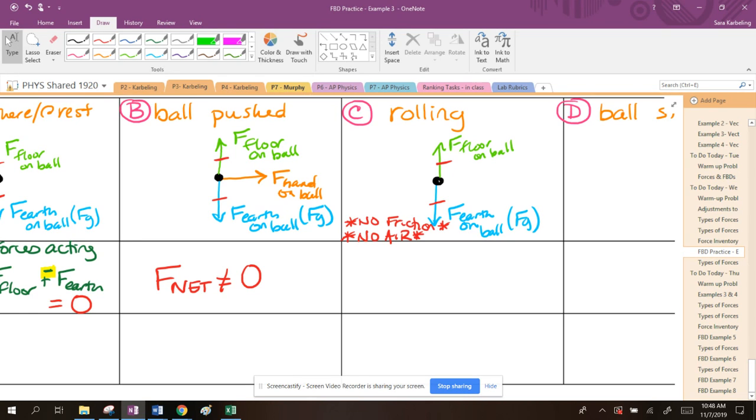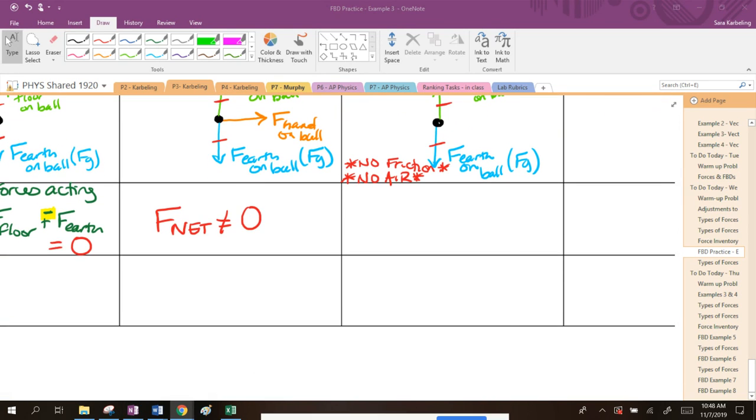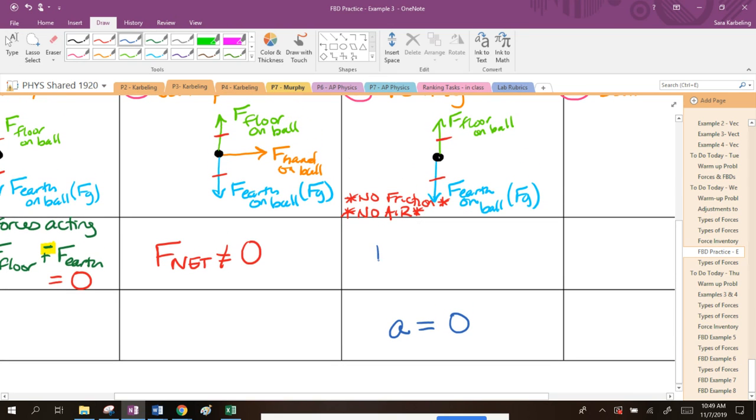Is it speeding up or slowing down? It's not. In this very bottom box here, we're going to write down that the acceleration of that bowling ball as it's rolling is equal to what? It's 0. And if I add up these forces, friends, F net, if I add those forces together, what do they add up to?